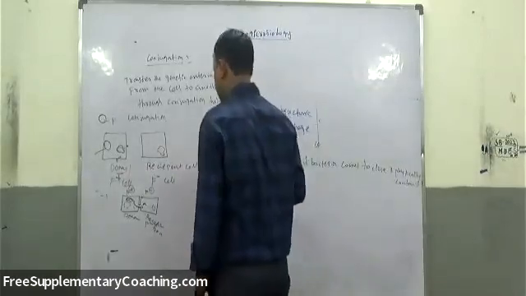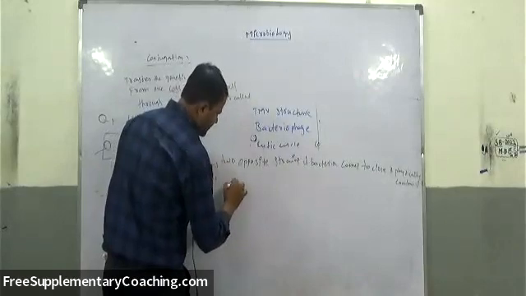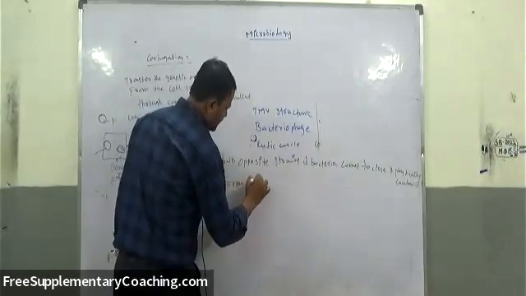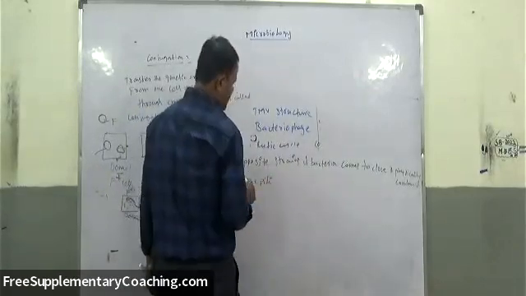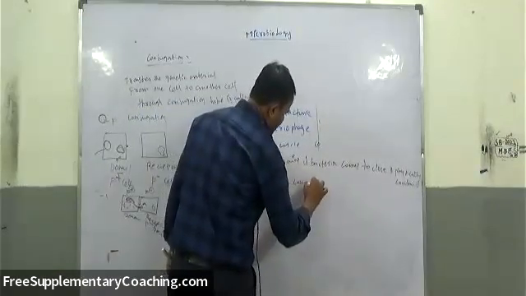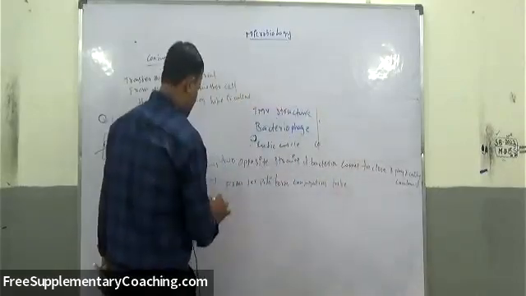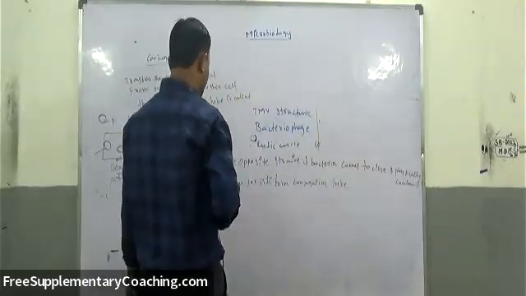Then from the sex pili the conjugation tube forms. Now the F plasmid gets replicated.